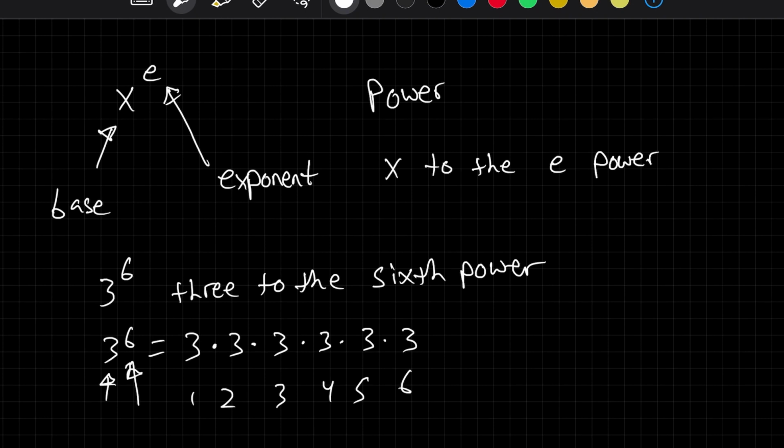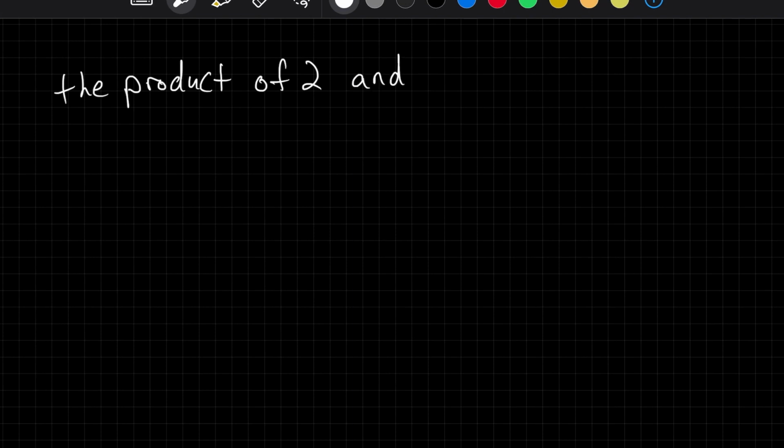All right. So let's say that I'm going to give you some text and we want to convert this into a mathematical expression. So let's say we have the product of 2 and y to the 2nd power.